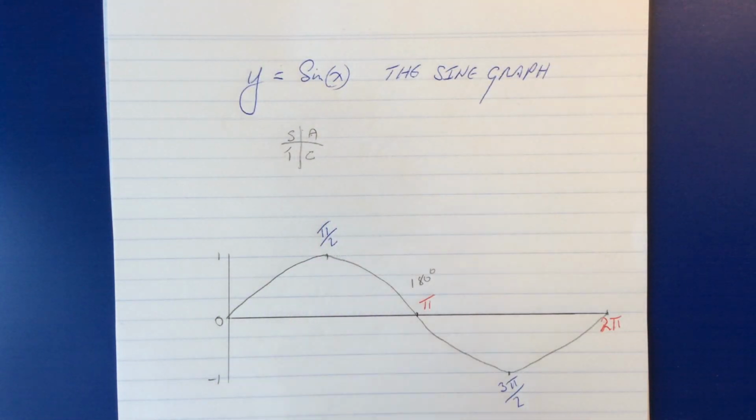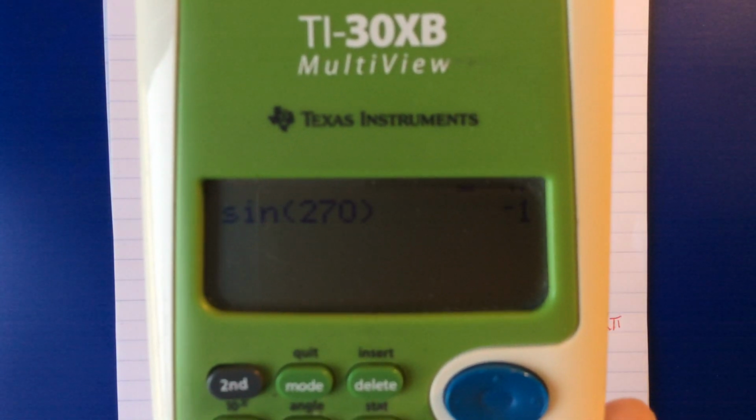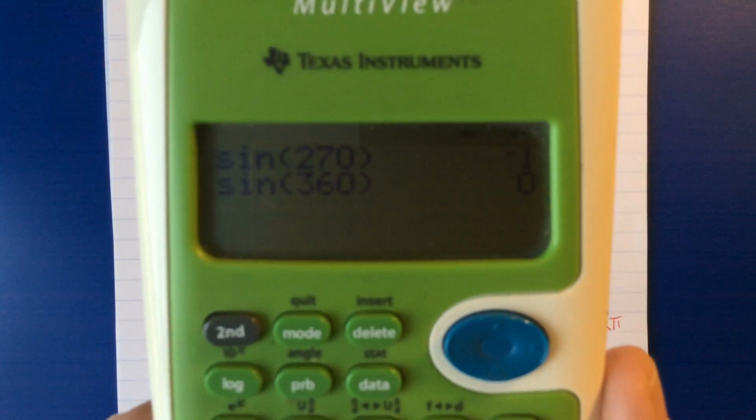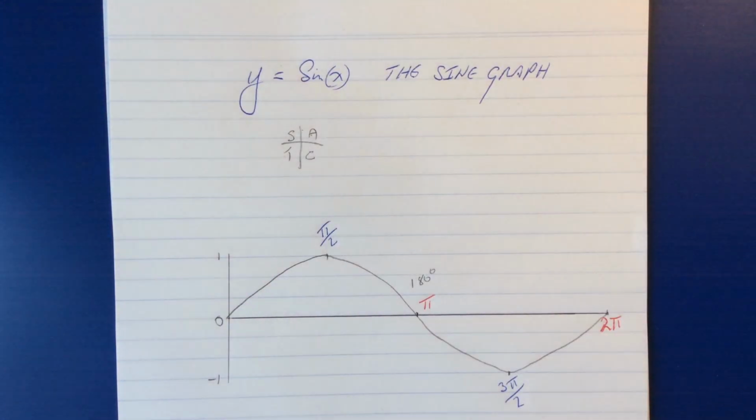And that was -1. And the sine of 360 degrees is 0. We're back to where we started. So this is, unless the domain is limited, an endless recurring pattern.